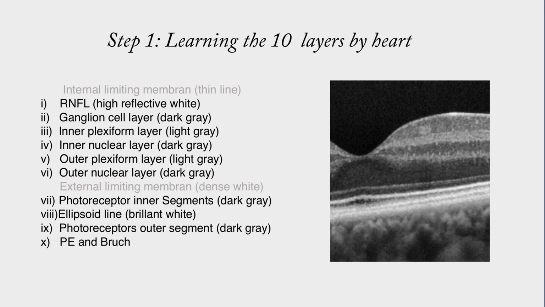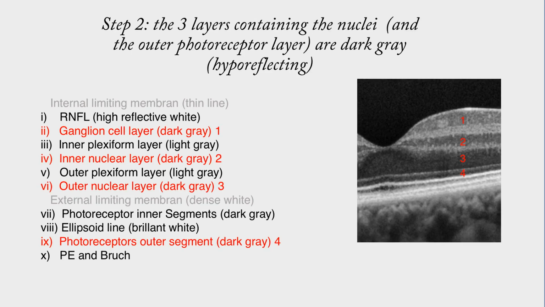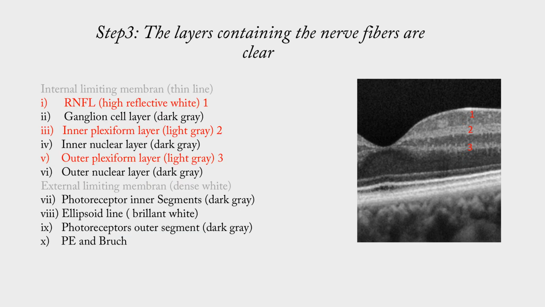First of all, it is necessary to learn the famous 10 retinal layers by heart. Second step, it is very important to note that the 3 layers containing nerve cells appear gray. Step 3, the layers containing the nerve fibers are clear.